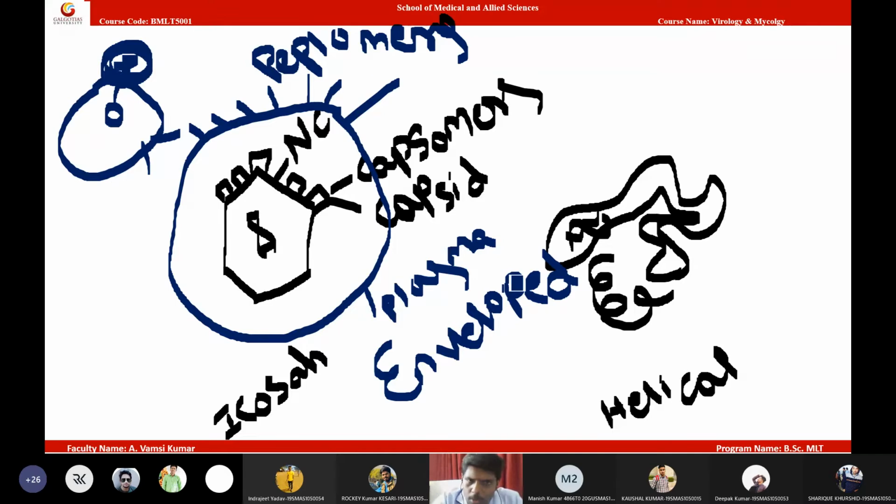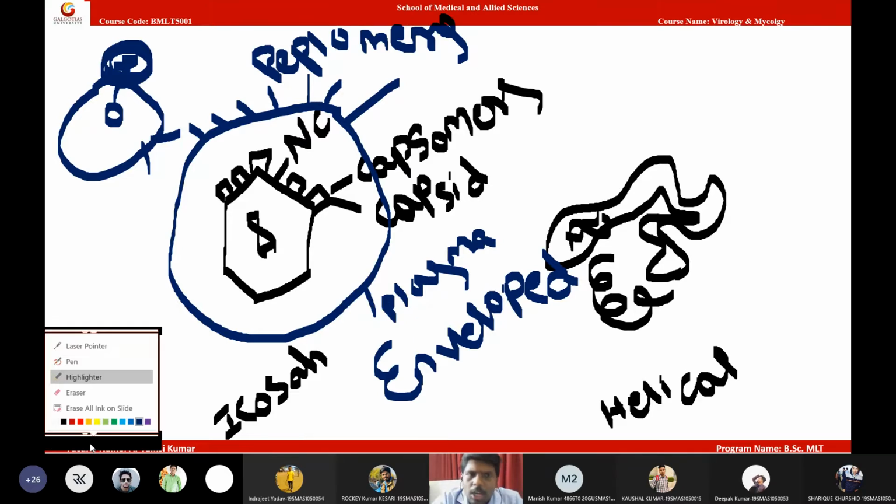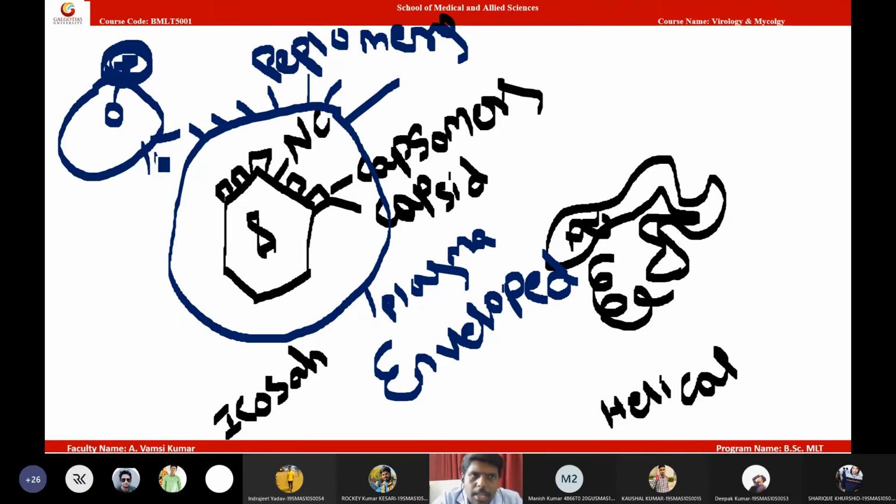Then what about the viruses without this cell membrane? There are viruses that do not have this cell membrane. Those viruses will come out by the lytic cycle, the lytic phase of replication. I will draw a virus without a membrane. Here I don't have a membrane on this virus. These viruses are called naked viruses or non-enveloped viruses.